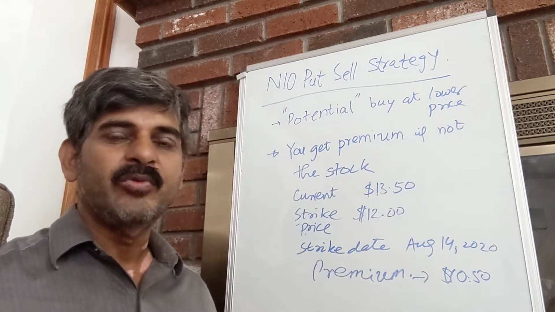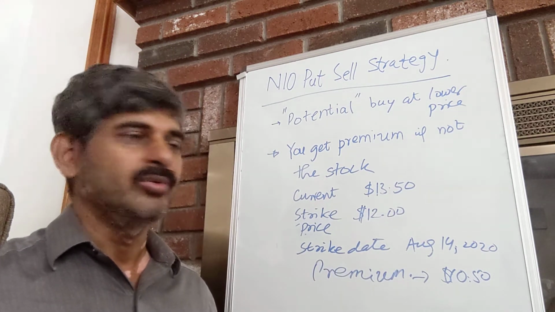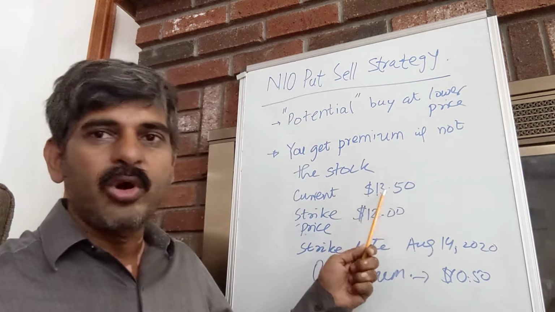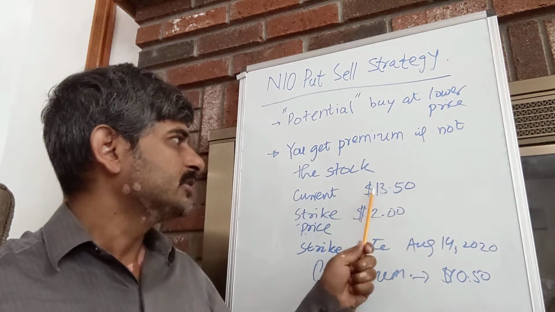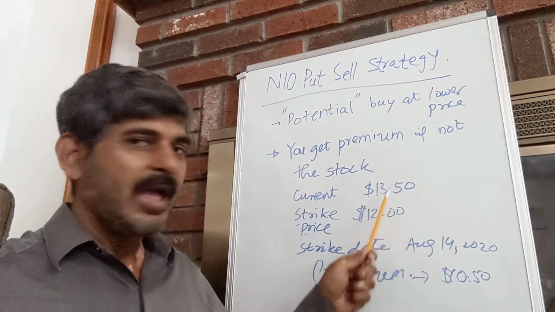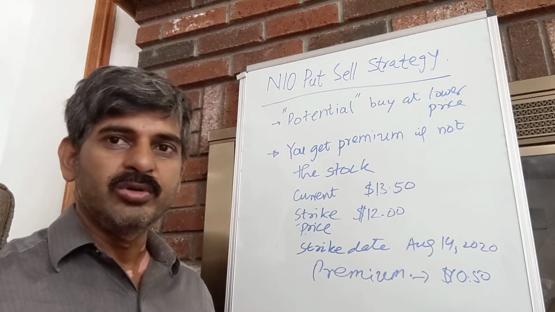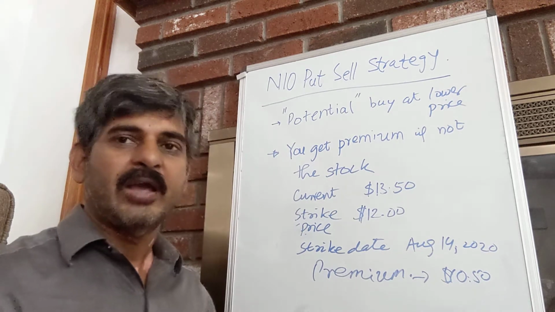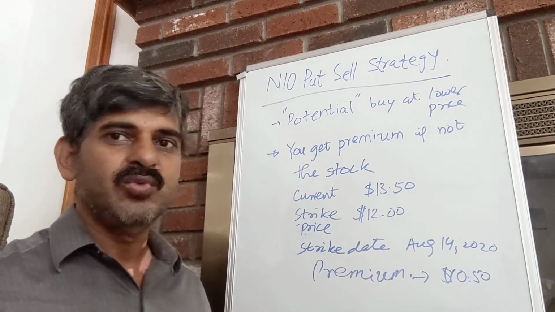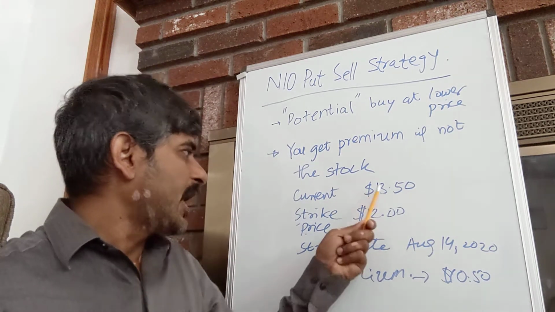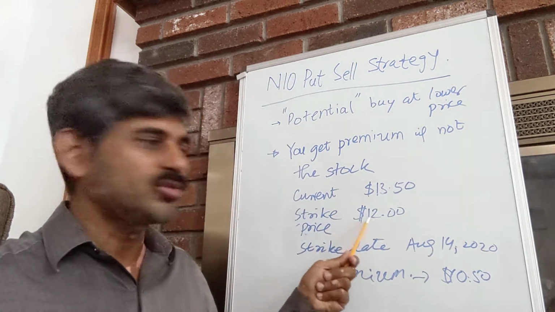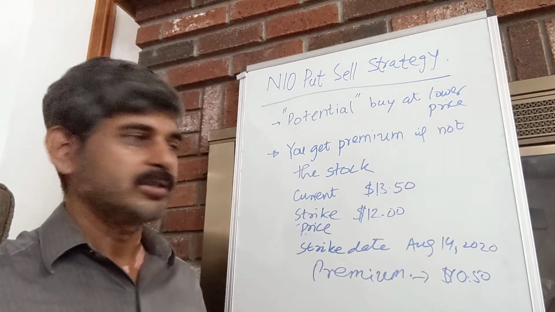That depends upon what you are trying to do. If you desperately want to own this stock, which is $13.5, but you want to pay a little less than that, and you don't want to miss the train that has started running, and you just want to somehow grab it, then maybe you want to keep your strike price at $13.